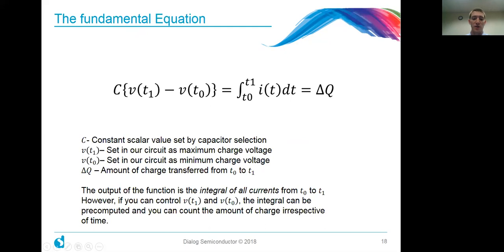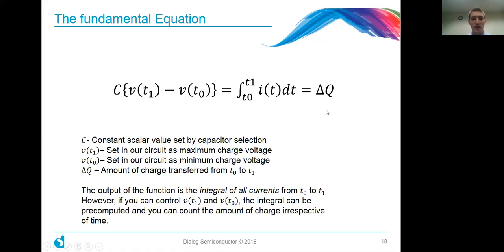We're not going to fill our capacitor up past a voltage that we want it to be at. So that's going to be our max charge voltage. VT0 is going to be set as our circuit minimum charge voltage. So we don't want to discharge the capacitor past that voltage, even though we could. We don't want to, to provide some regulation to the design. And then delta Q, this is the output of our equation.